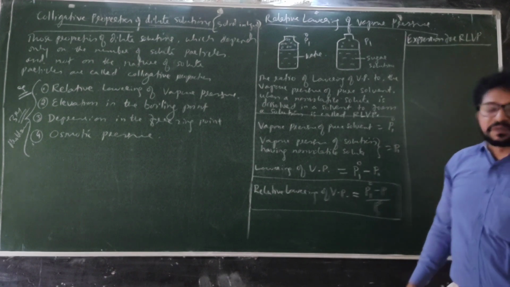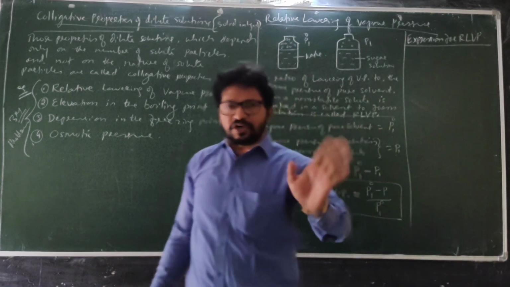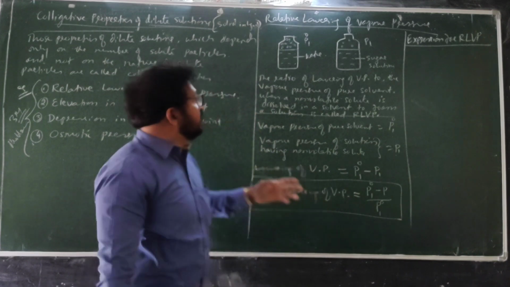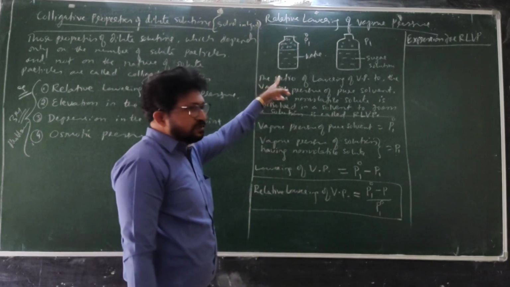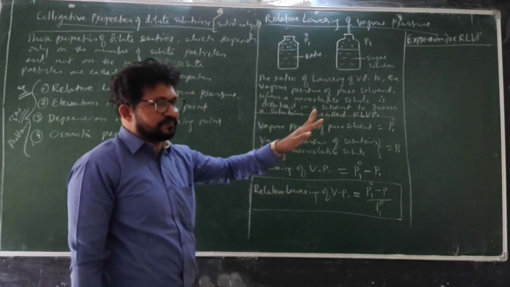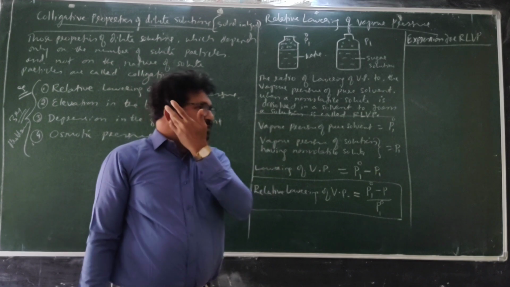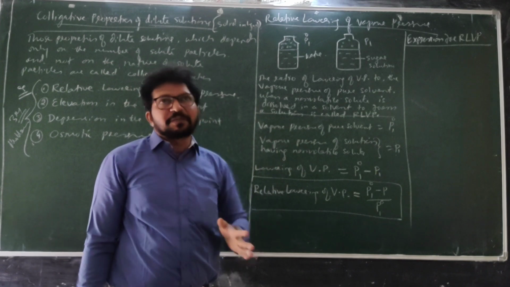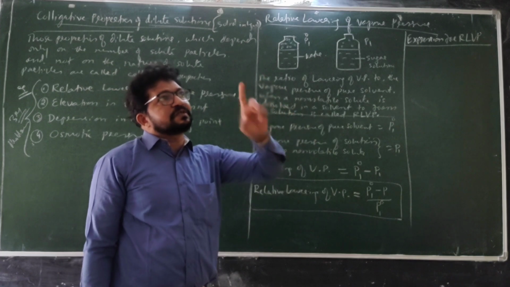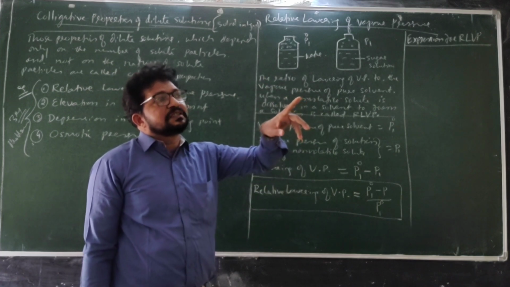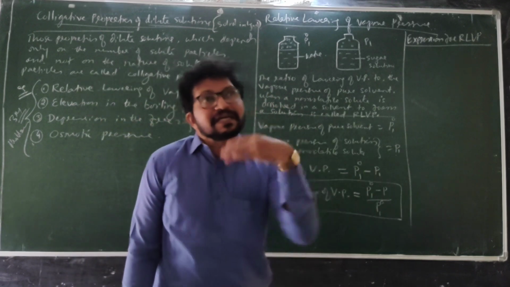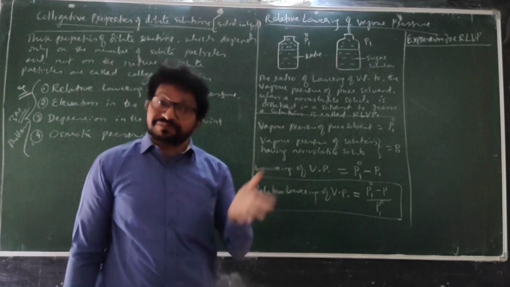I will take the help of Raoult's law, which I have already taught. In the previous class, I told you, when a non-volatile solute is dissolved in the solvent to form a solution, Raoult's law you have to apply. The vapor pressure of a component is directly proportional to the mole fraction of that component.